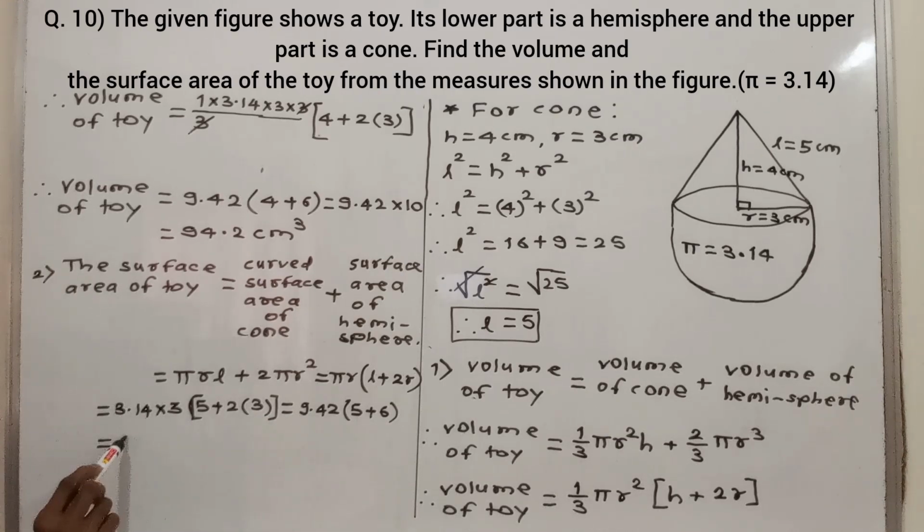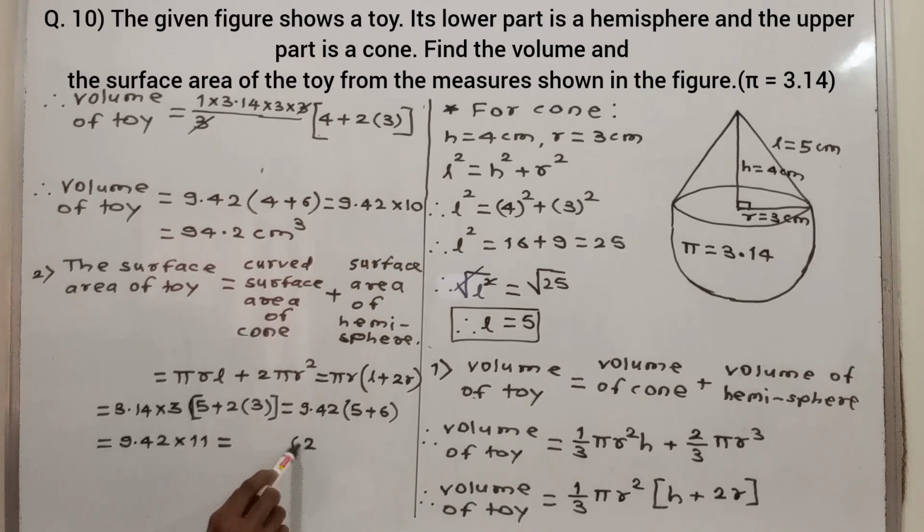Therefore 9.42 into 5 plus 6, 11, is equal to 9.42 into 11. 11 twos are 22, 11 fours are 44, 46.